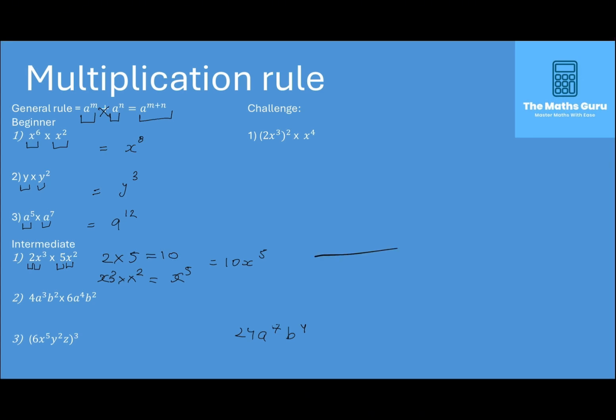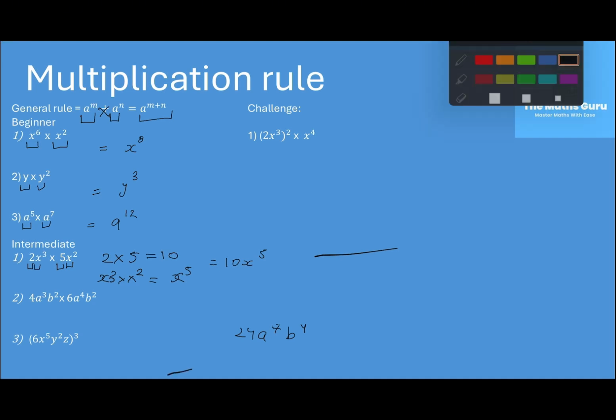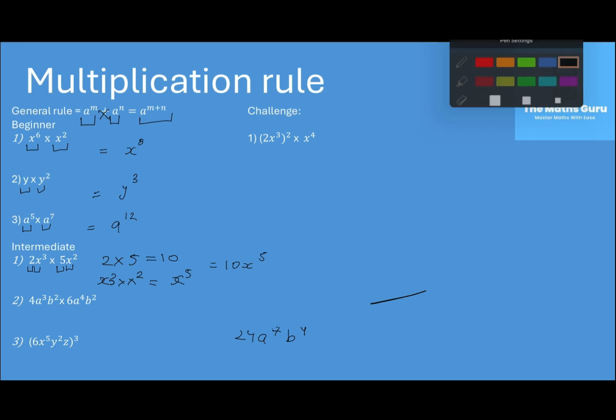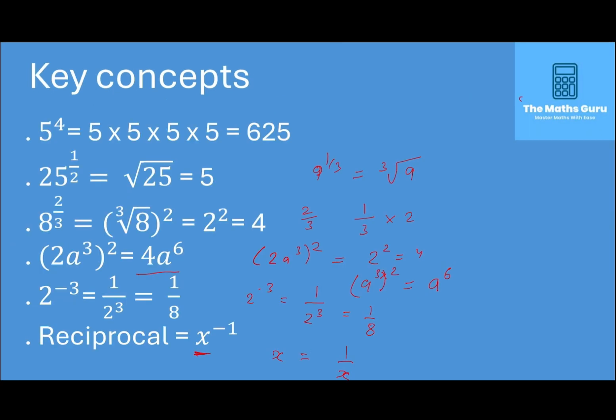So going back to our rules of indices that we looked at, what we can see is that when we have a term in the bracket, as we do here, what we simply do is times each term by itself if it's squared, or we just apply the operation of the exponent.